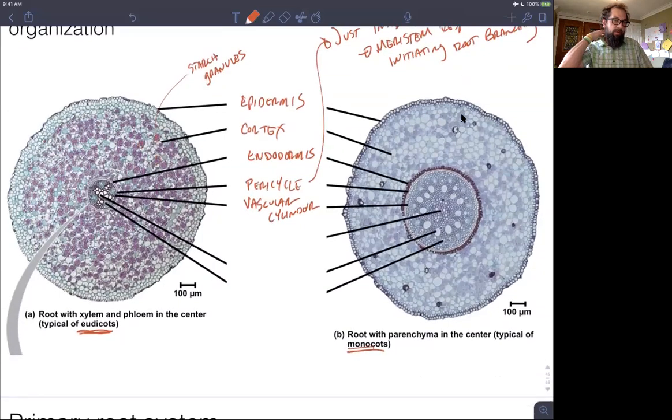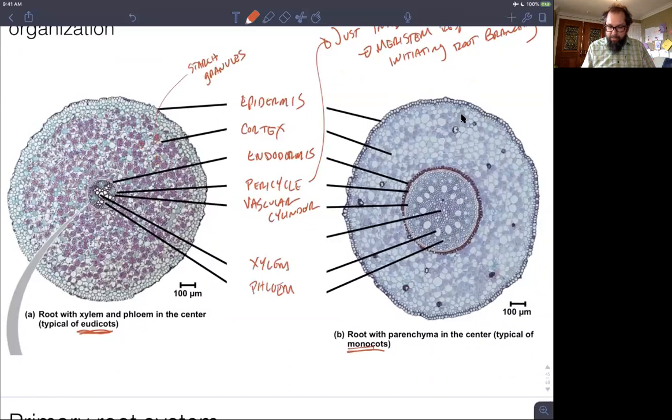And in the vascular cylinder, we of course have both the xylem, responsible for transporting water, and the phloem, responsible for transporting our photosynthate and sugars.